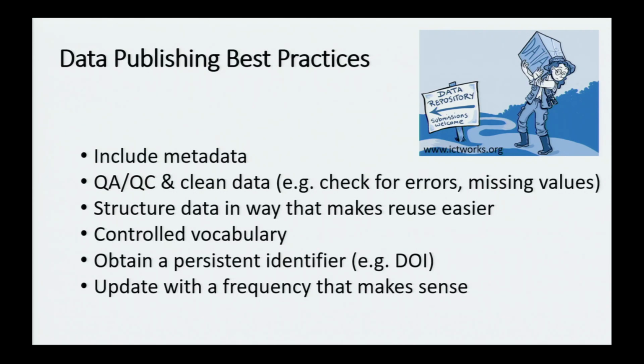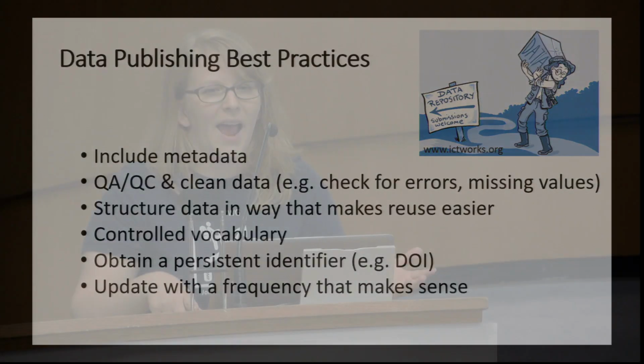Additionally, the DOI, we believe that obtaining a DOI is a very useful thing for data publishing, and you want to update it with a frequency that makes sense for you and your group. So it all depends on how frequently you're getting new data in and how frequently your users depend on receiving that data. So for instance, let's say that you're doing a long-term monitoring study that goes out every week and managers and others are looking to that data.